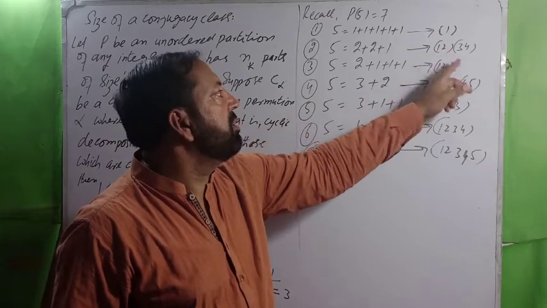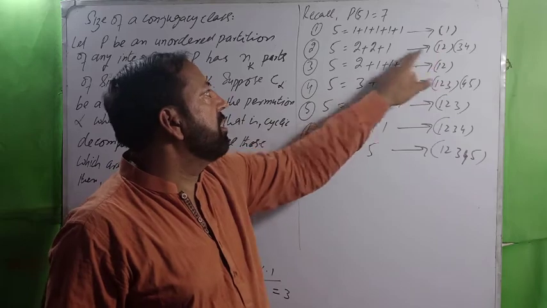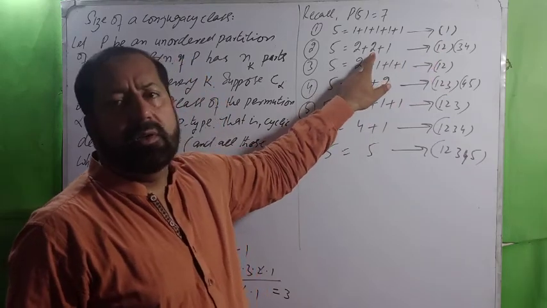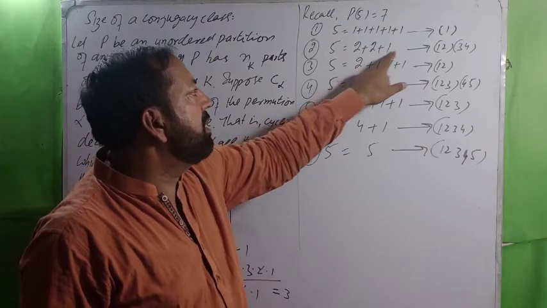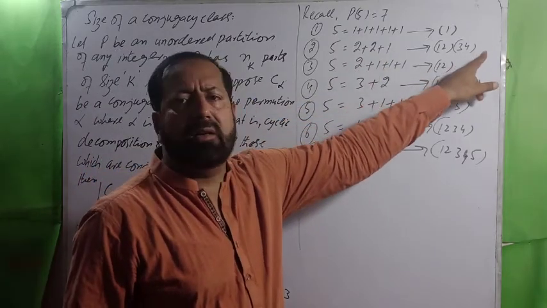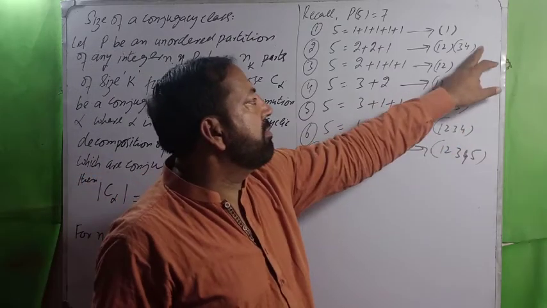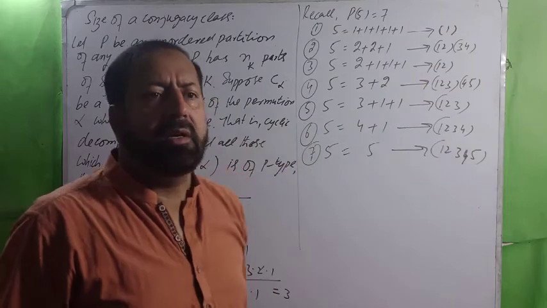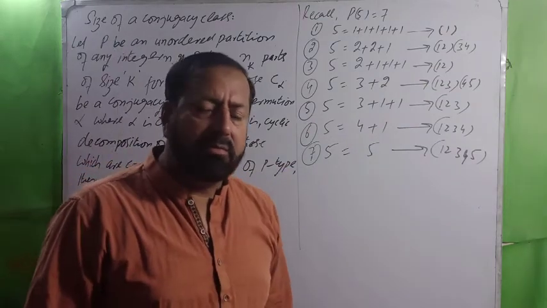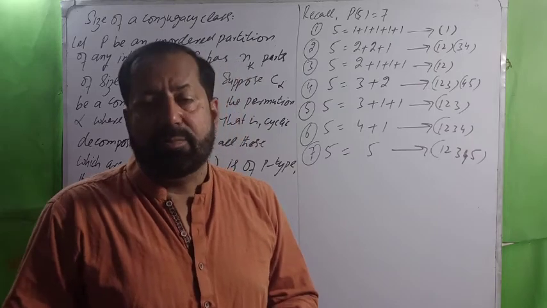So see here, 2 plus 2 plus 1 means there are 2 cycles of length 2, and one of length 1. Either you write it or not, we don't have any problem. If you want to write it, it's a point, and a point will never affect any permutation because it behaves like an identity permutation.